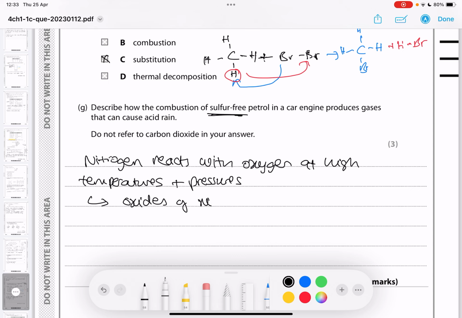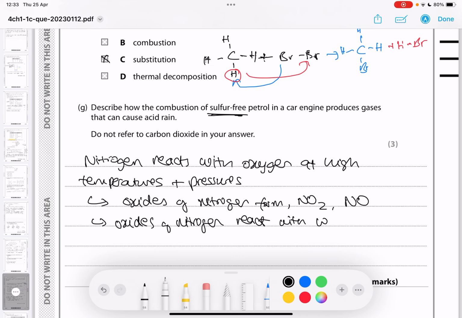Some examples will be nitrogen dioxide or nitric oxide. And what happens is, these oxides of nitrogen, for example nitrogen dioxide, react with water, and as a result, you form acid rain.